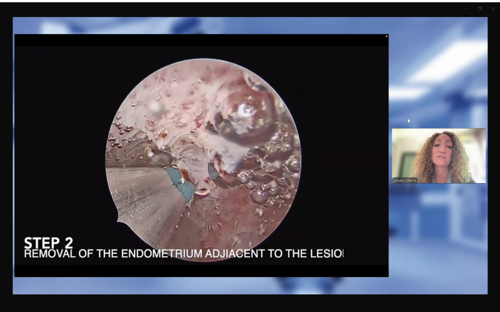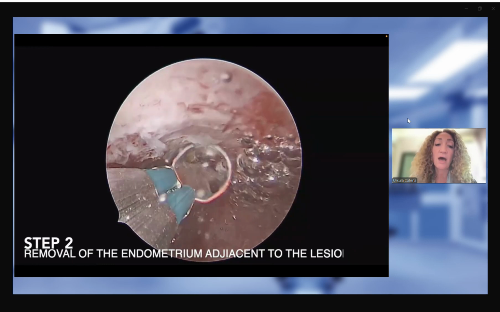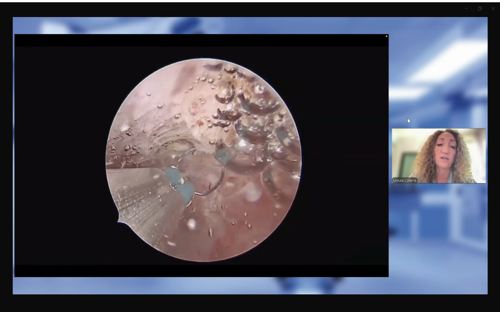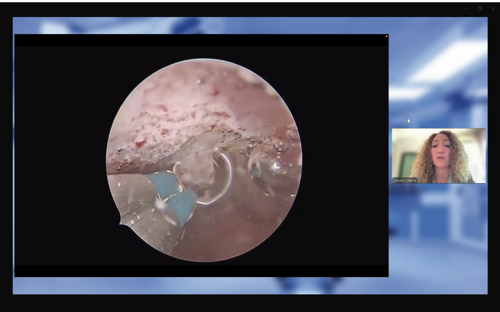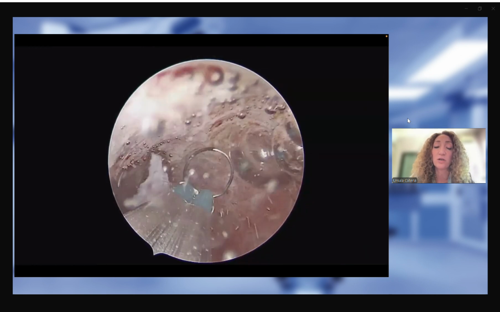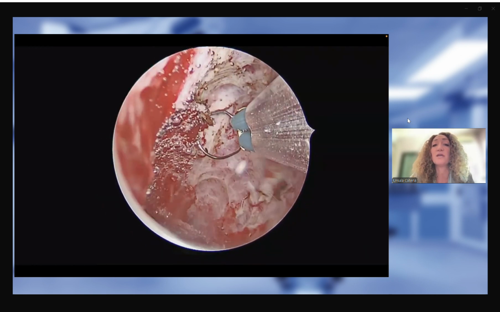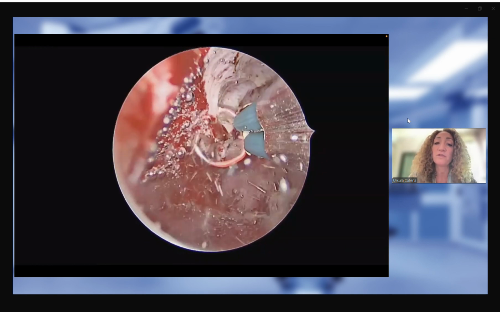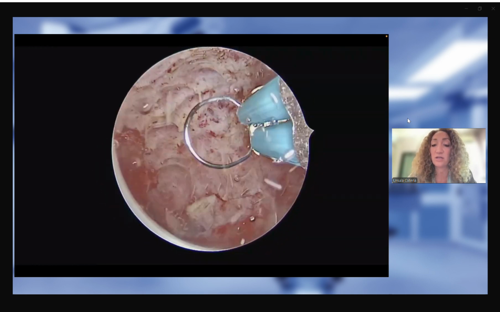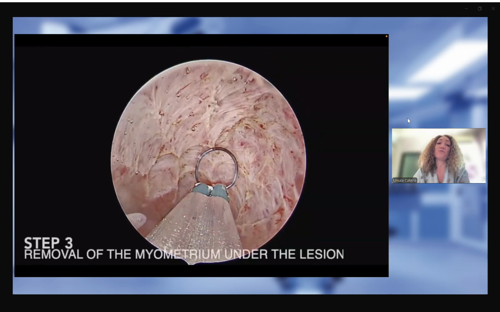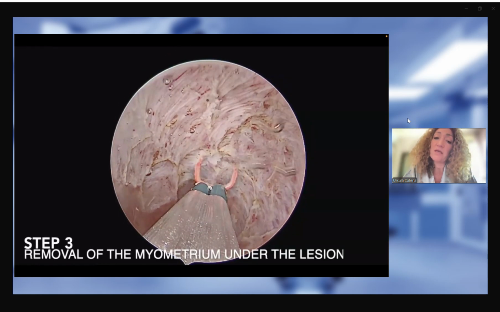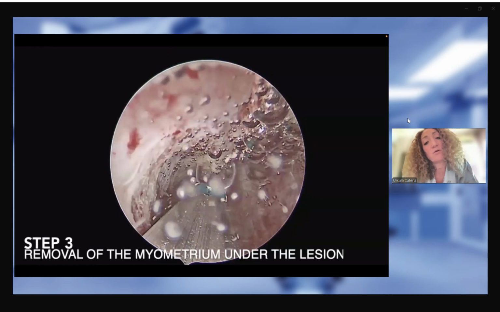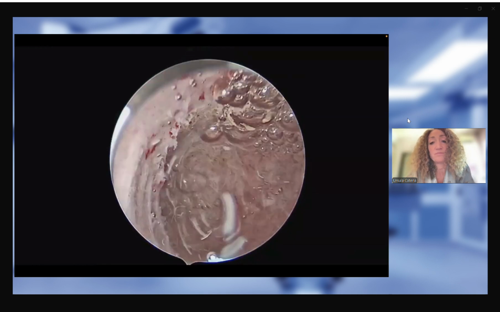So nowadays, normally for a focal lesion, I always use a 15 French mini resectoscope with the same technique: removal of the lesion, removal of the endometrium adjacent to the lesion, and removal of the myometrium under the lesion. And then we perform random biopsies in the other parts of the uterus.